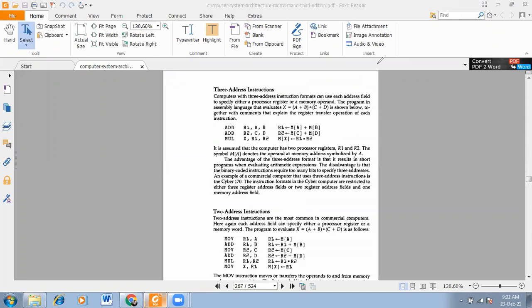You may apply 3 memory locations, or a combination of registers and memory, combining to give 3 addresses. When you are involving 3 addresses, that is called 3 address. When you are involving only 2 addresses, that is called 2 address instructions. And there are examples I have told you.